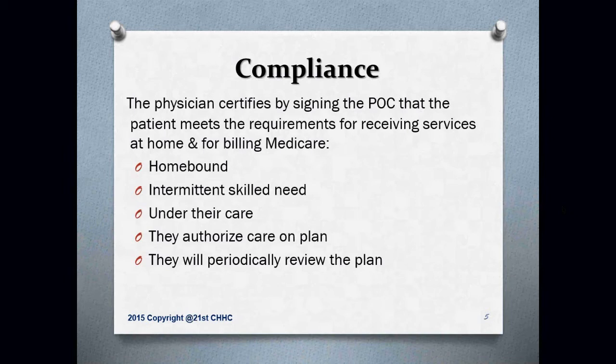It also recognizes that there's an intermittent skilled need, that the patient's under the care of the physician that's signing the plan of care, that they authorize whatever care is on that plan, that the nurse or therapist or home health aide can provide those items. And they also agree that they're going to periodically review the plan. Those, again, are all requirements that Medicare requires, and most of the insurances are also going to require.